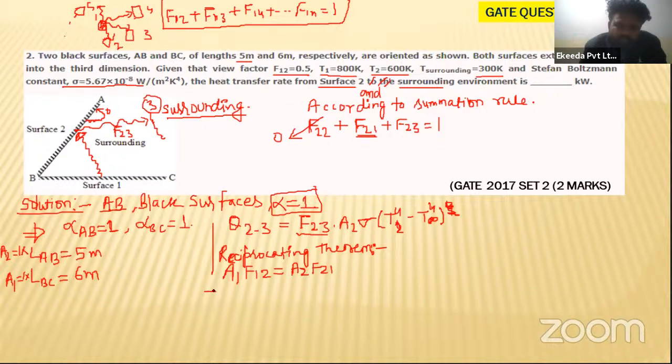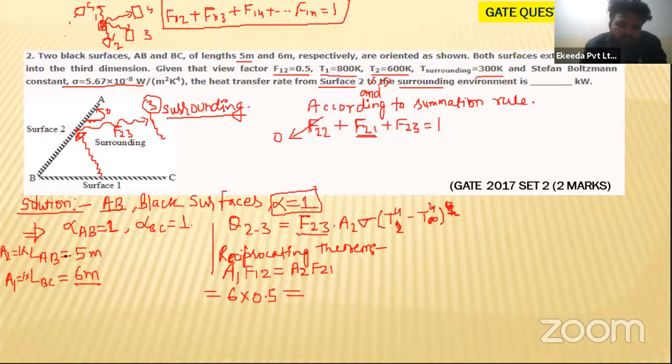So what is the value of A1, my dear students? A1 is nothing but BC. What is the value of BC? This is equal to 6 meter. So A1 is BC, and you can take it directly as 6 multiplied by F12. What is the value of F12? This is 0.5, which is equal to A2.